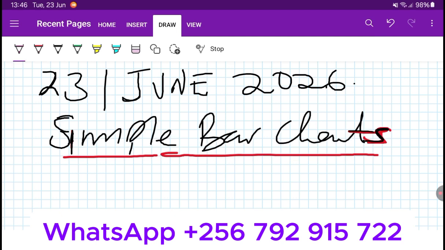In a simple bar chart, you will realize that we need to create a separate bar for each class that we are presenting, or for each item that we are drawing against, and the height of each bar that represents a class is going to be proportional to the class frequency.